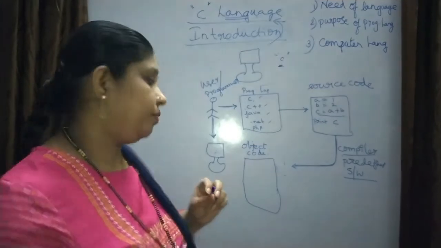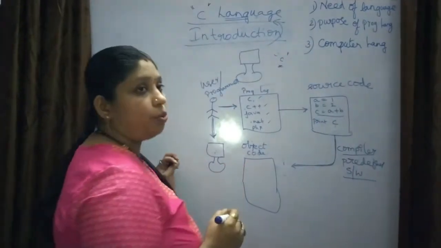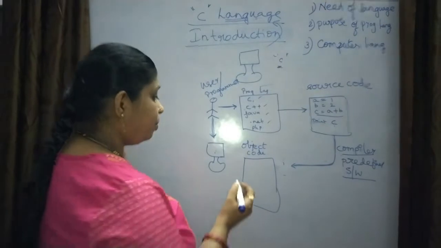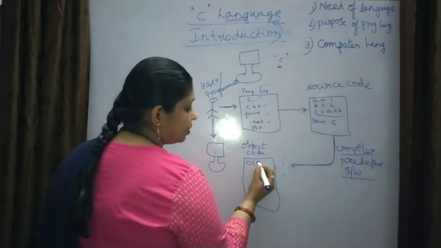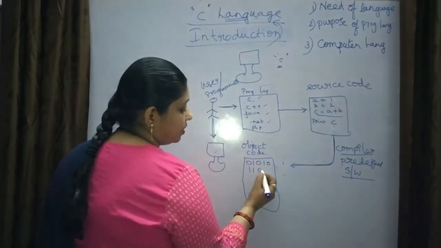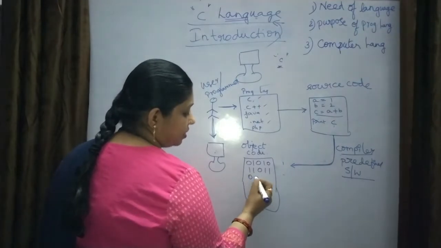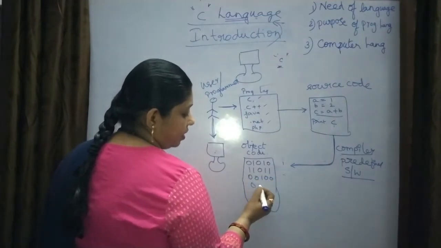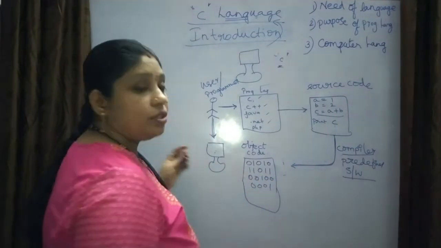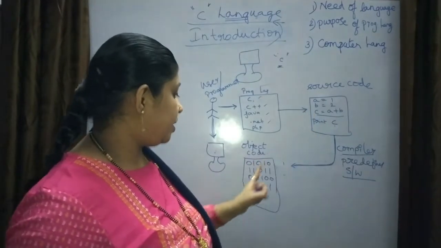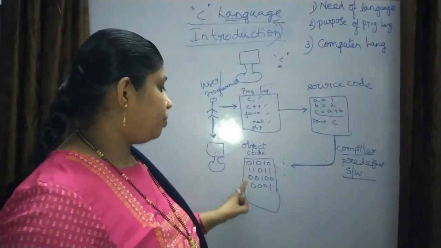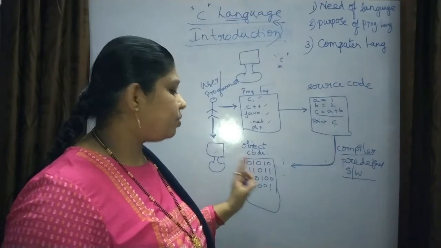Why? I will tell you. How will this object code be? Object code will be in zeros and ones, right? Like this. Understood? So this source code has been changed to object code. Can you understand these zeros and ones?